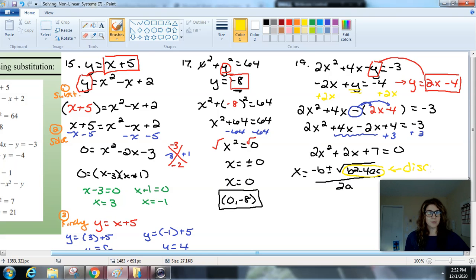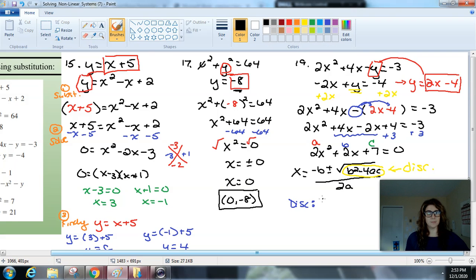Remember our first part, we're going to find the discriminant. So let's label these. My a is 2. My b is also 2. And my c is 7.